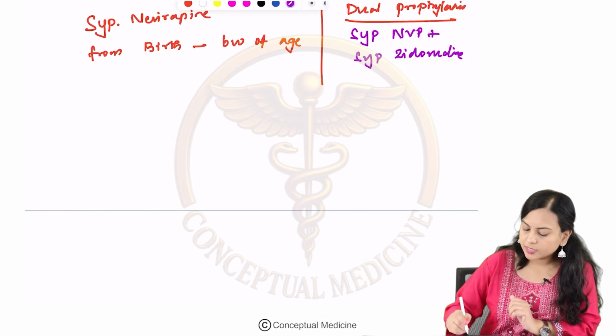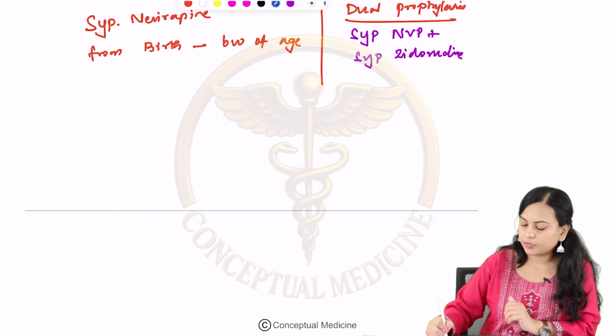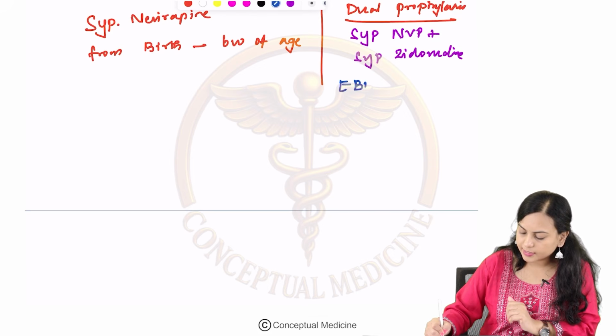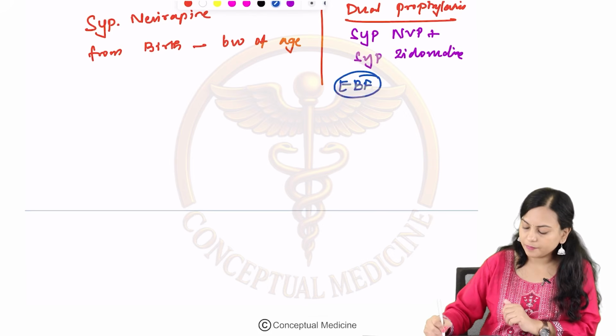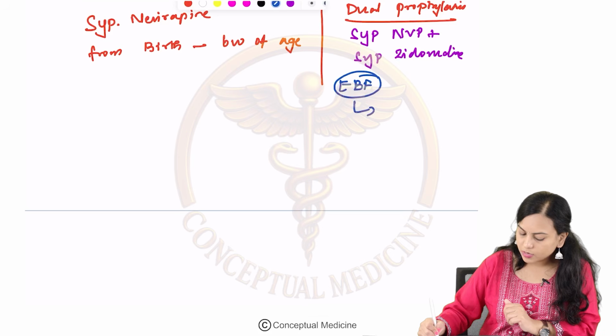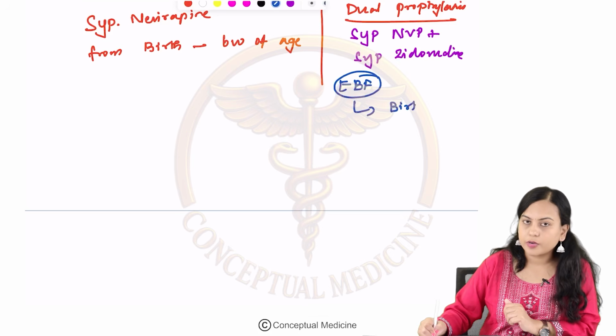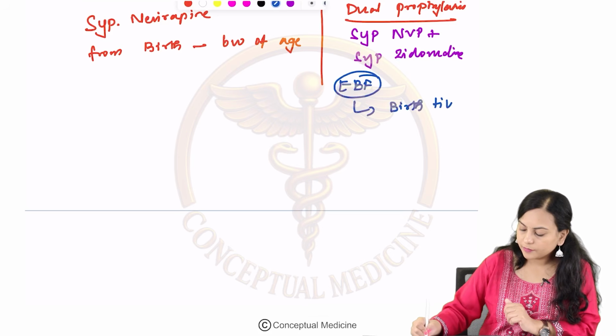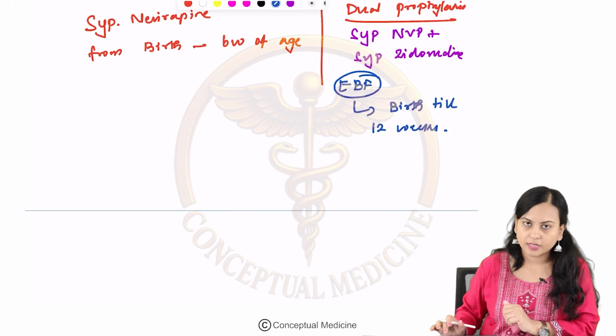Okay? Suppose if the mother is exclusively breastfeeding the baby, then you have to continue this regimen from birth till 12 weeks after delivery. Clear?